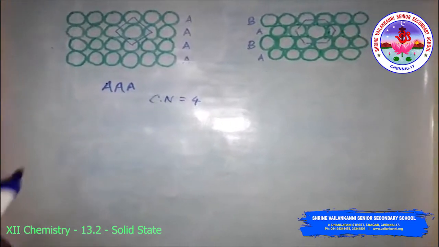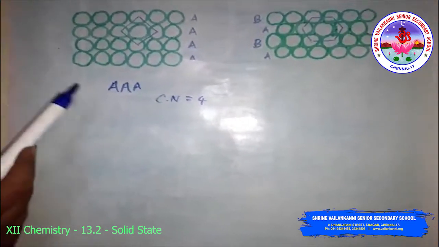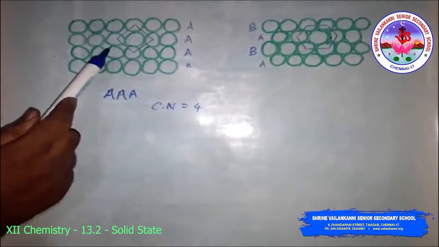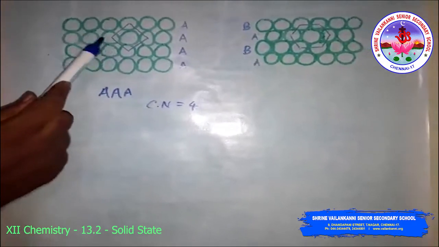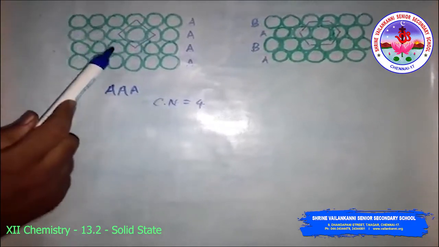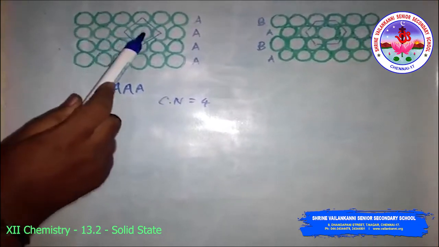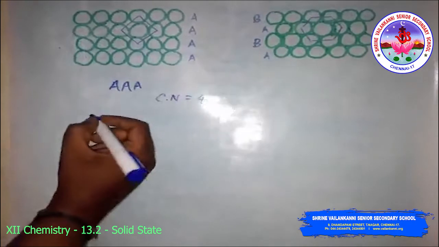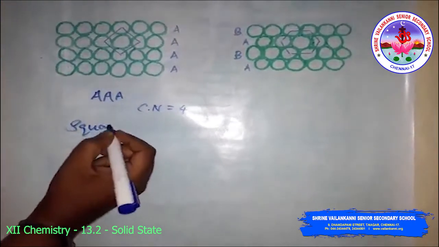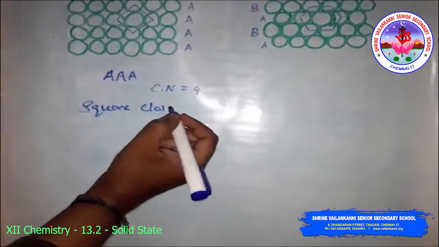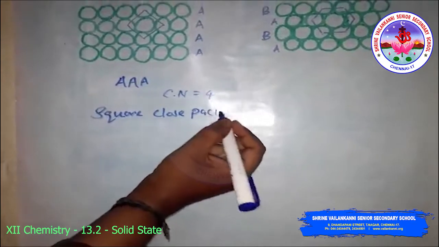Also, if the centers of these four immediate neighboring spheres are joined, a square is formed. Hence the packing is called square close packing in two dimensions.